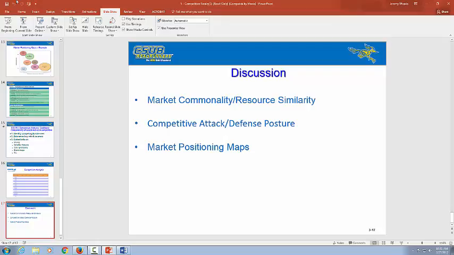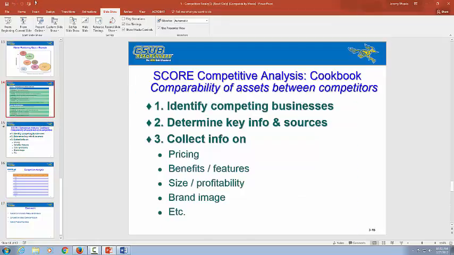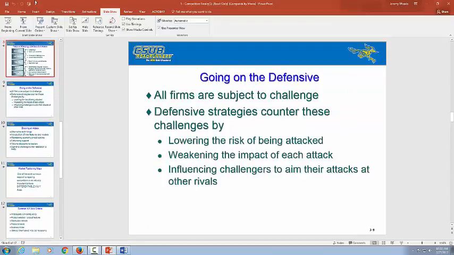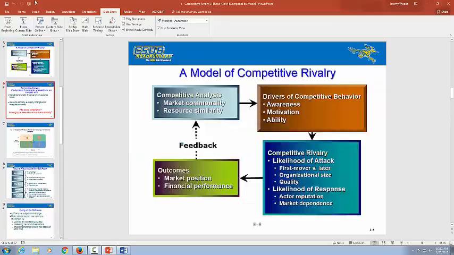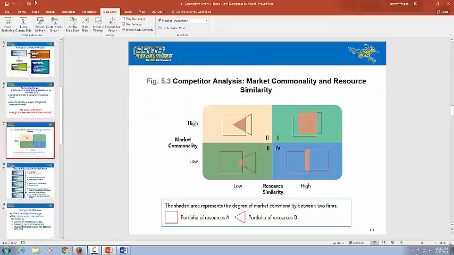So in those four quadrants that we talked about, we said high market commonality and low resource similarity, right? So that would be category 2.